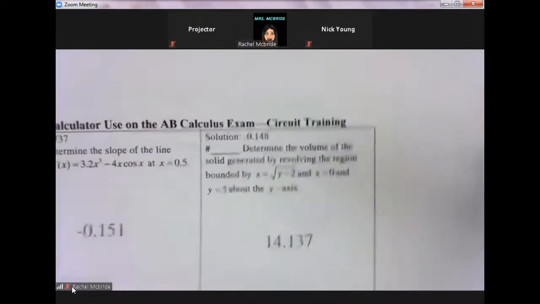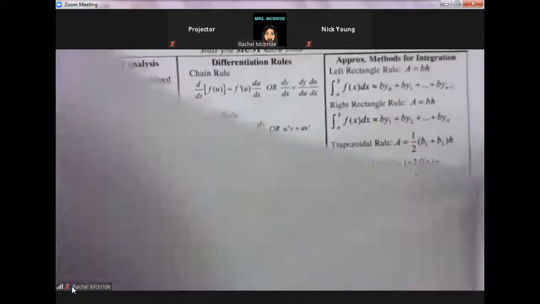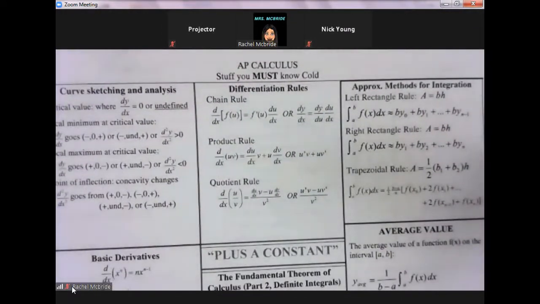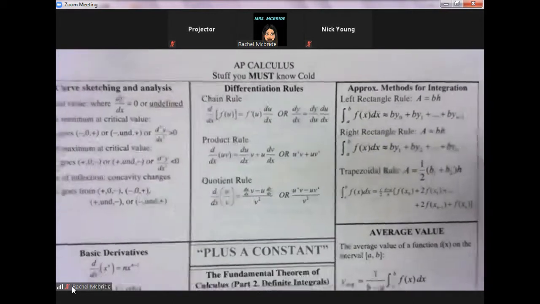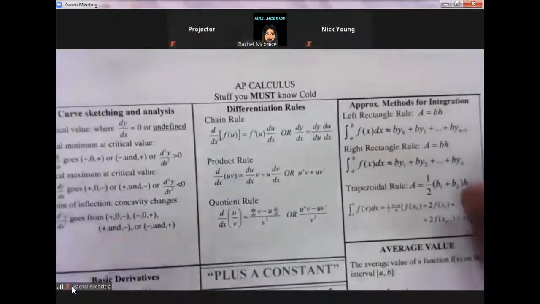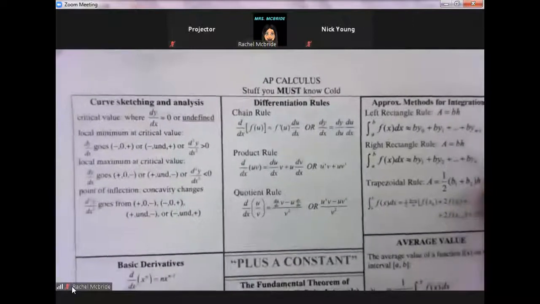Alright, so at the beginning of class today, I gave you a handout, and it said AP Calculus, stuff you must know cold. And I'm not really doing much with you with this, but this is essentially the AP exam in a nutshell in terms of what you need to know or should know for formulas.